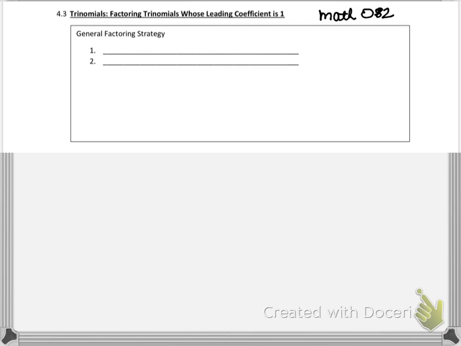So let's review our general factoring strategy. The first thing we always look for when we're factoring is a greatest common factor, or GCF. After we do that, the second step is to ask ourselves, how many terms does our expression contain?